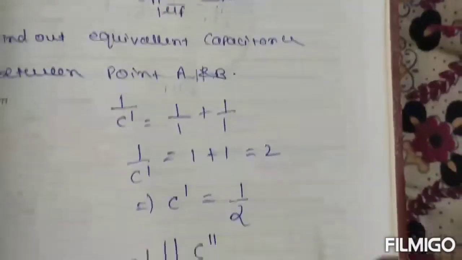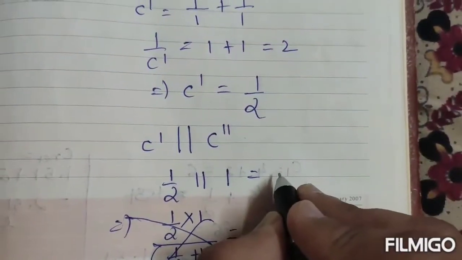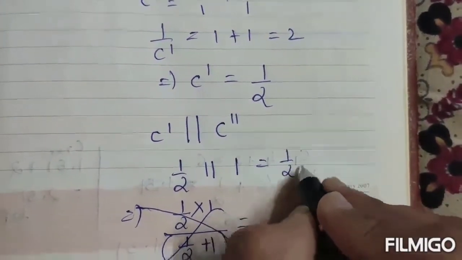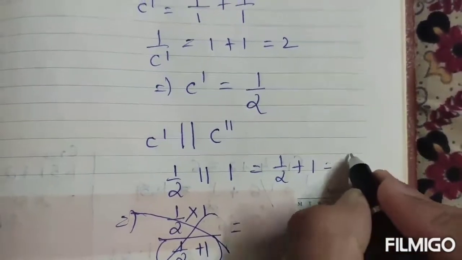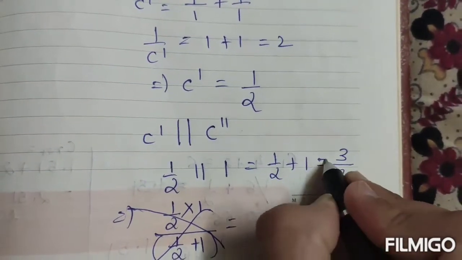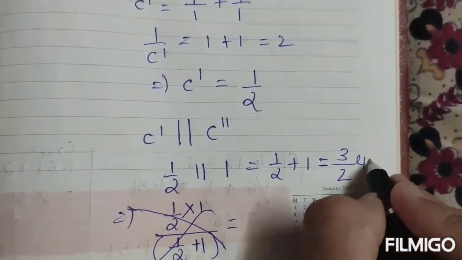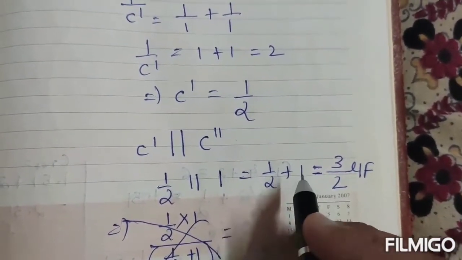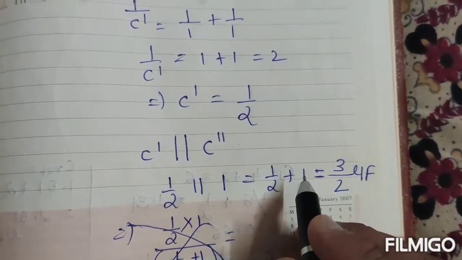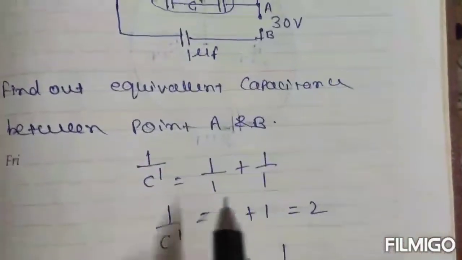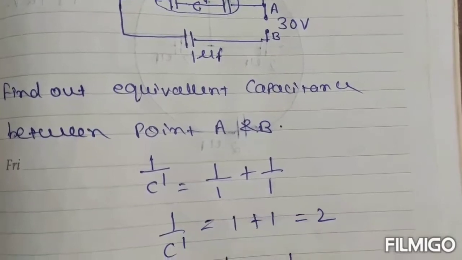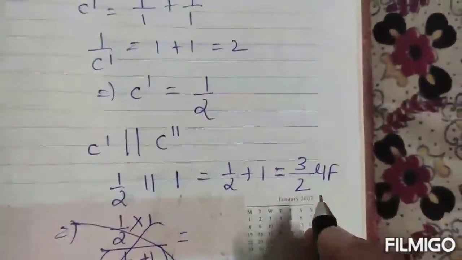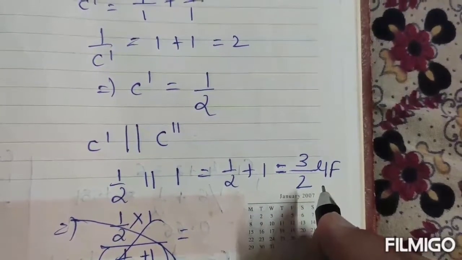Everywhere 1 microfarad is present. Parallel formula is only to add: 1 by 2 plus 1 is how much? 3 by 2. Parallel is only to add. In the parallel case only addition, but in the series case the fractions will be added, right? So we got the answer 3 by 2 microfarad.